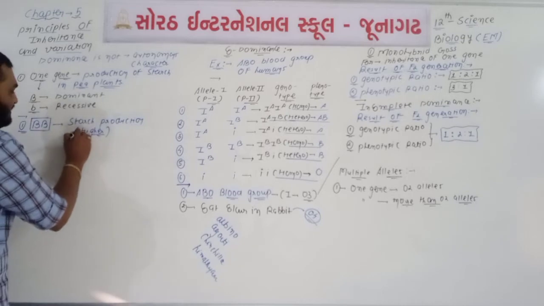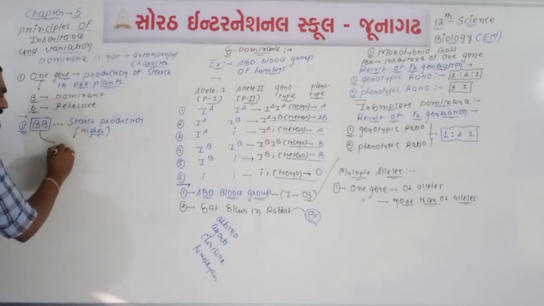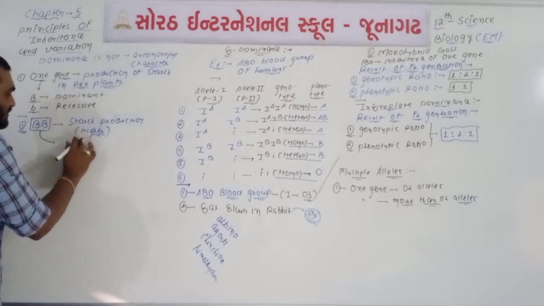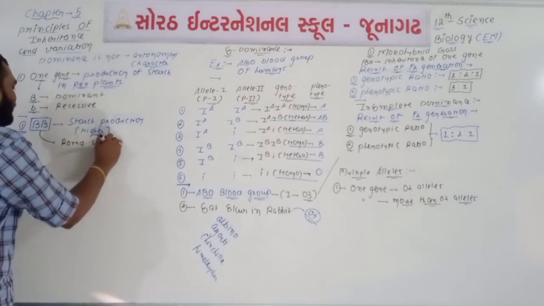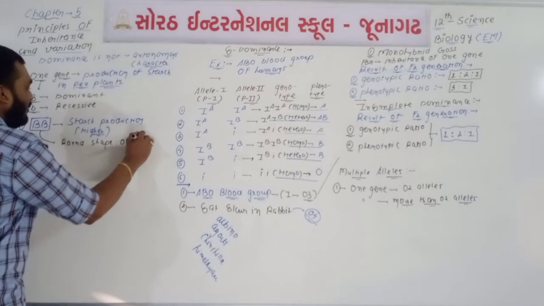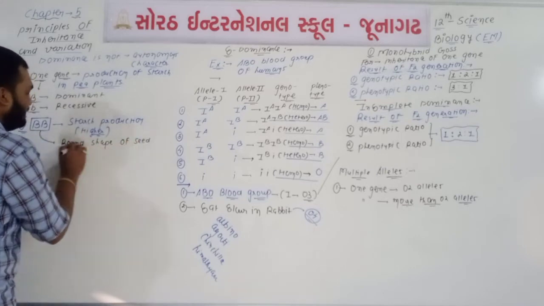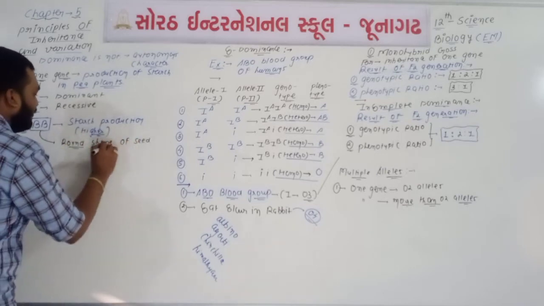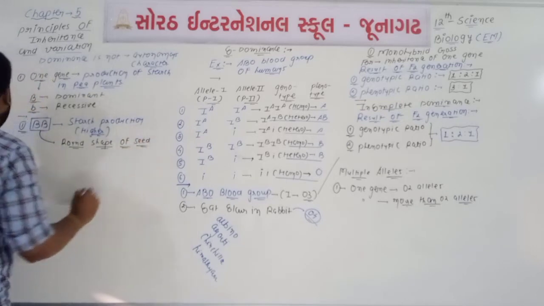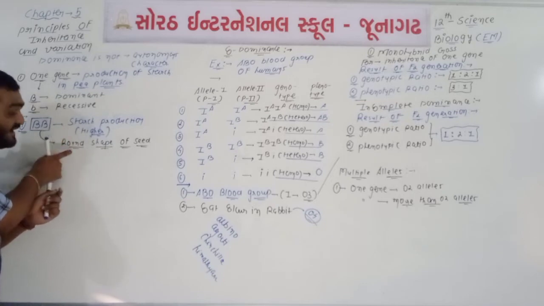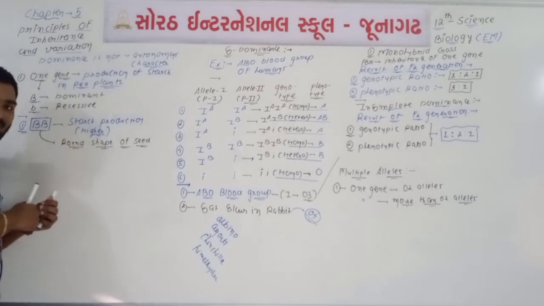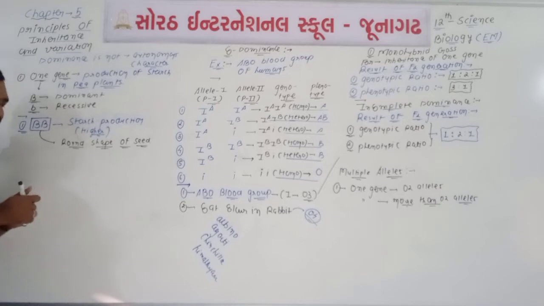That's why we can say that this capital B is responsible for the round shape of the seed. Got it? Yes or no? See, this gene is responsible for that character, but it will also affect the other character also. So it is option number 1.